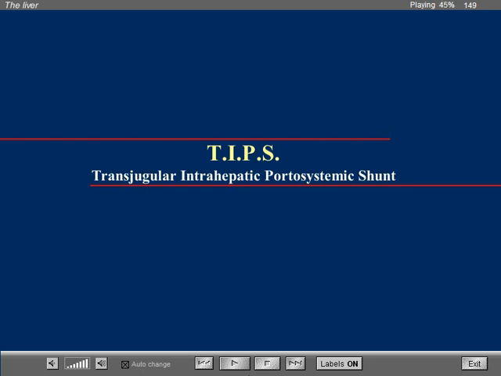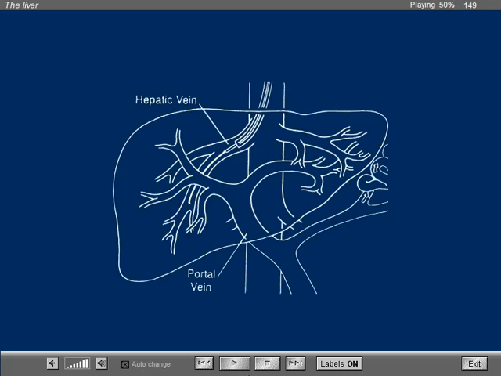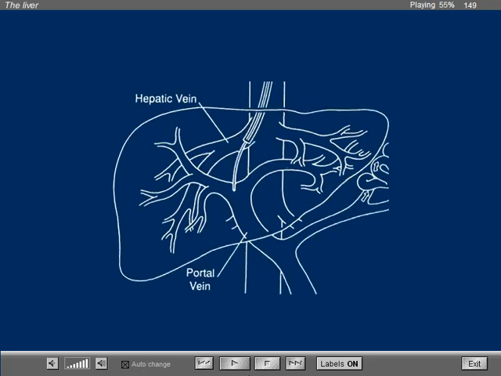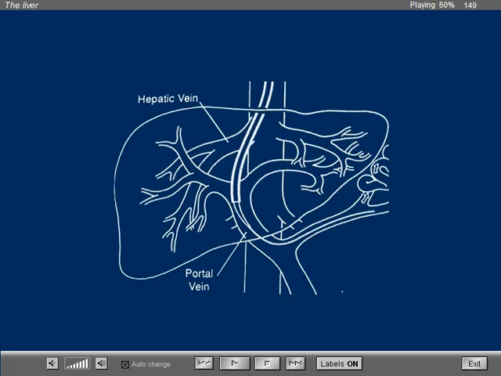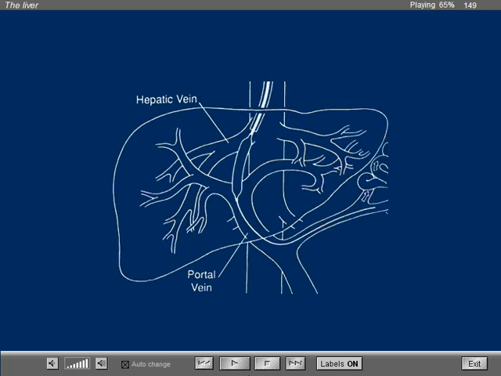Suffice it to say that a catheter is introduced into the hepatic vein. The connection of the hepatic vein with the portal vein is obtained, and the stent that is finally deployed is placed at the site of the track.